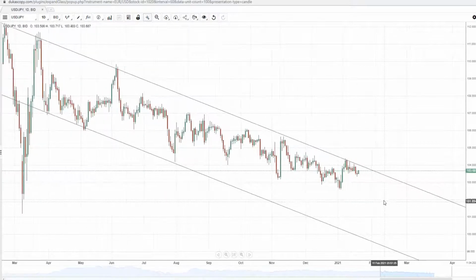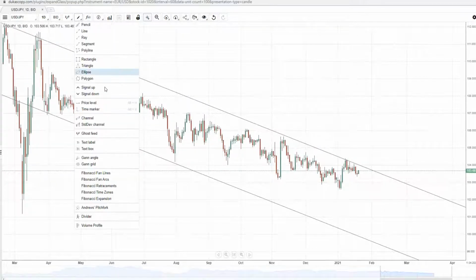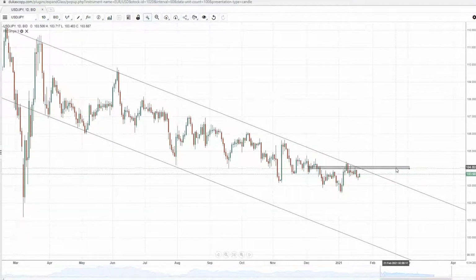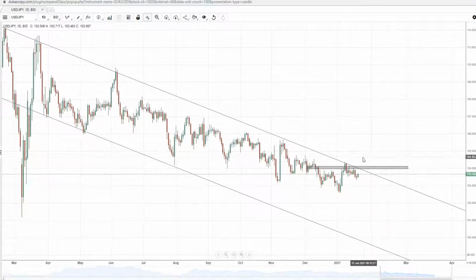So what are we looking at next week? It's going to be the same, simple. If the pair breaks this level, which is 104.00, then there's a big chance the trend for the USD JPY will change to the upside.